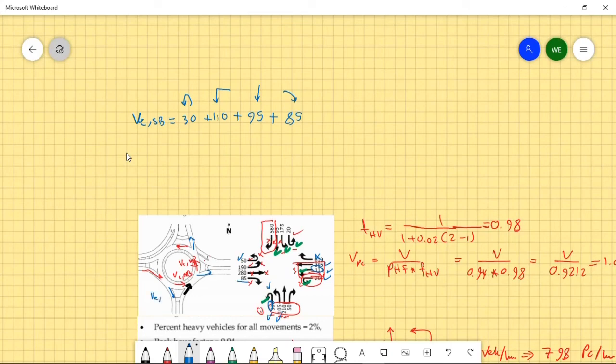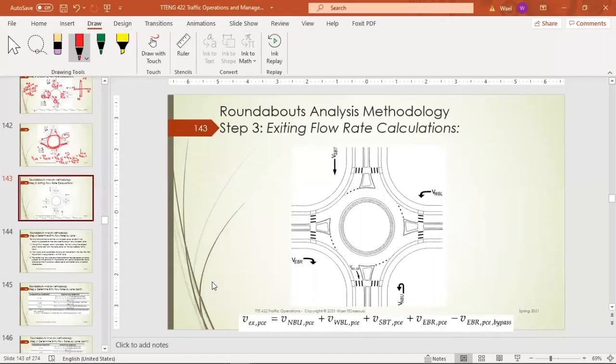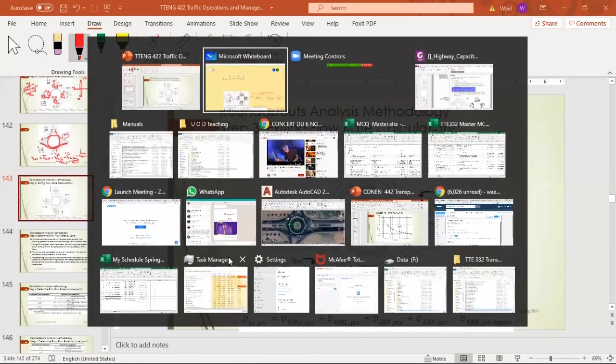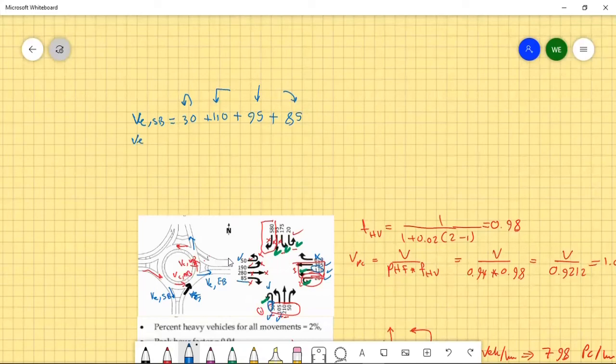Let's calculate it for here. V exit eastbound equals, first of all, this volume that is making the right turn, so that's 50, plus the through 280, plus the left turn 175, plus the traffic that is making a U-turn, which is 20.